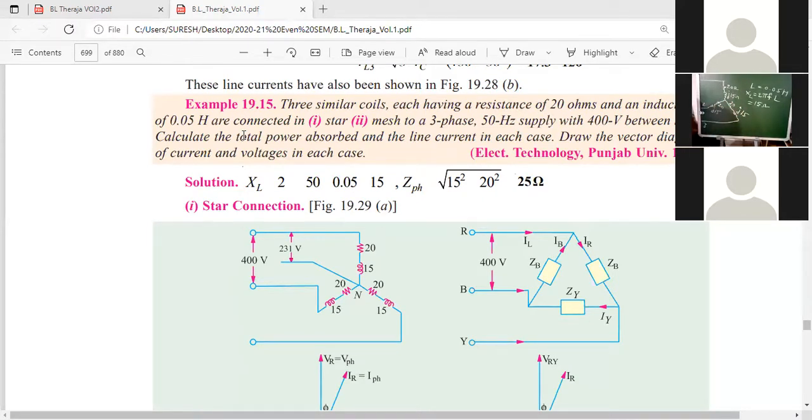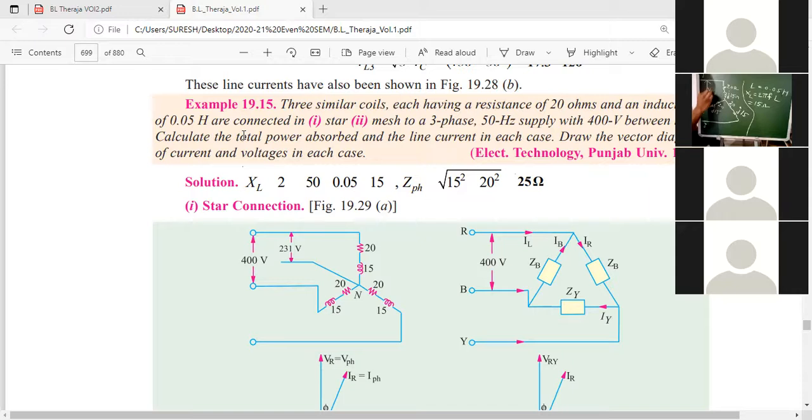In the star connection, he is asking us to determine the line power absorbed and line current. We can't determine the line current directly. First, we have to determine the phase current because we know the phase impedance. What is the line voltage given in the problem? 400 volts.